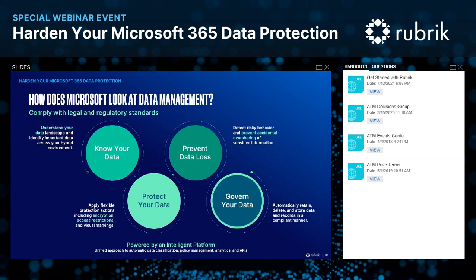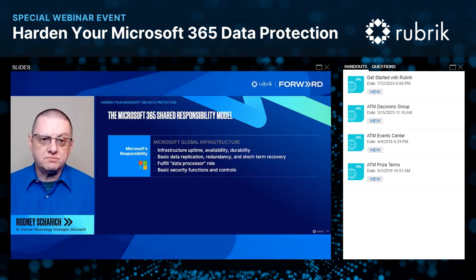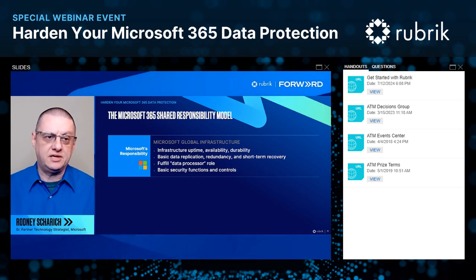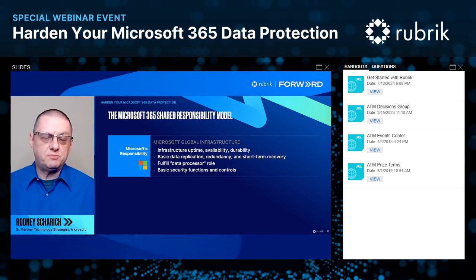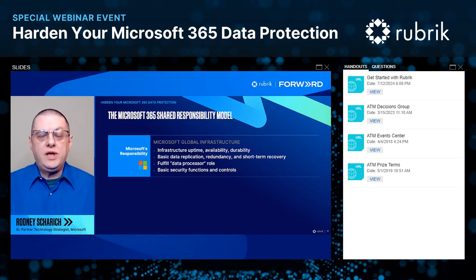You want to make sure that you have retention policies in place, retention labels to understand what needs to be kept for compliance reasons, what is no longer required to be kept or is no longer valuable to the company and can be destroyed and deleted out of the data landscape. And all of this is to help you manage your data, because as part of the Microsoft 365 shared responsibility model, we at Microsoft will make sure that the infrastructure is up, the services are available.